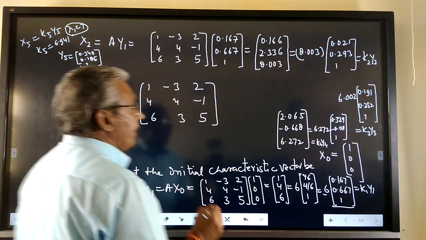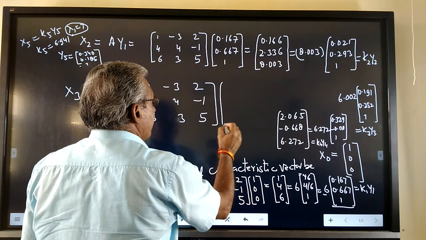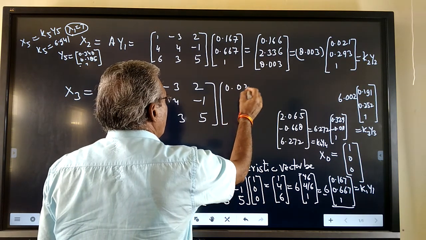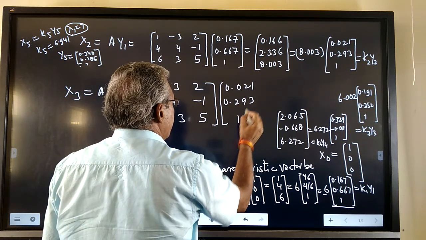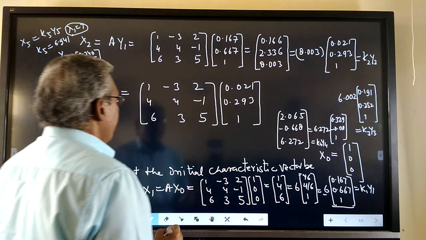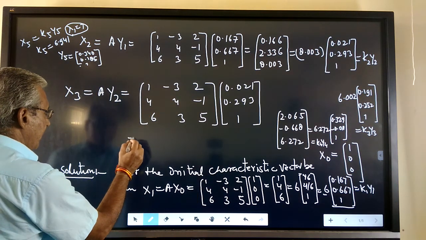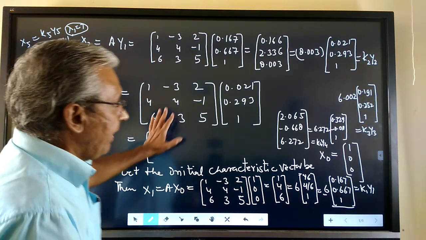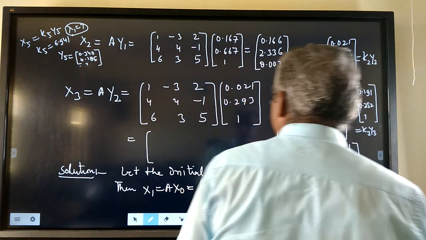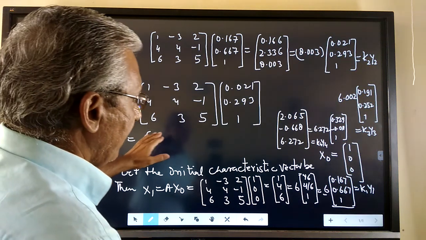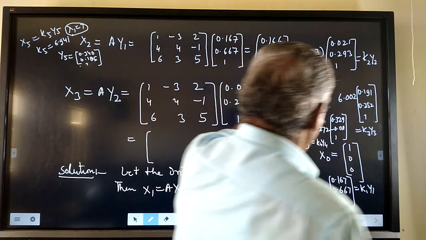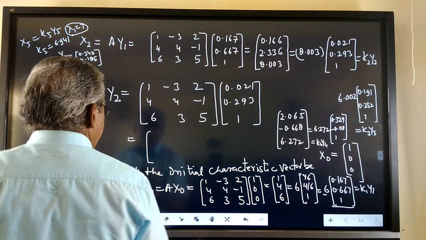Here y2 is [0.021, 0.293, 1]. After multiplying these matrices and taking the largest element out of the column, we have 6.002.